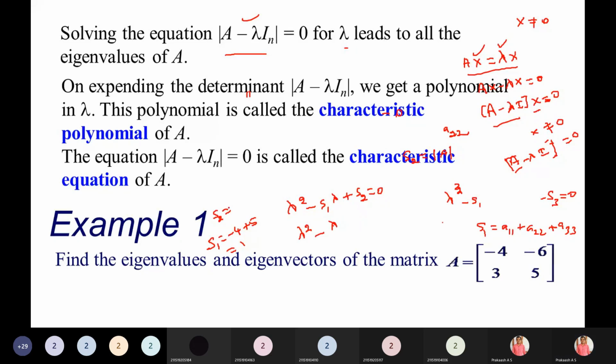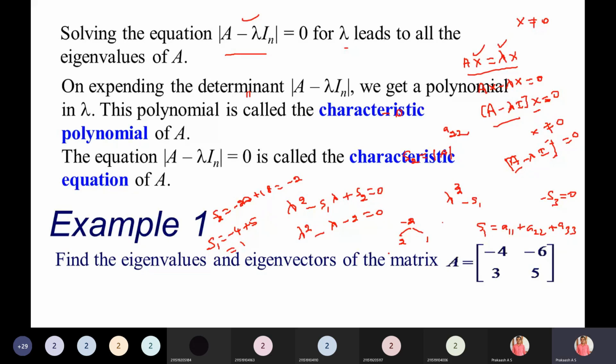That is -2. So the product must be -2. So what are the factors? 2 into 1, only 2 and 1 are the factors for S2.